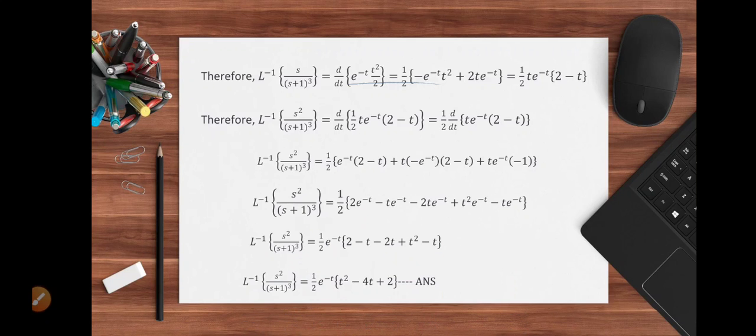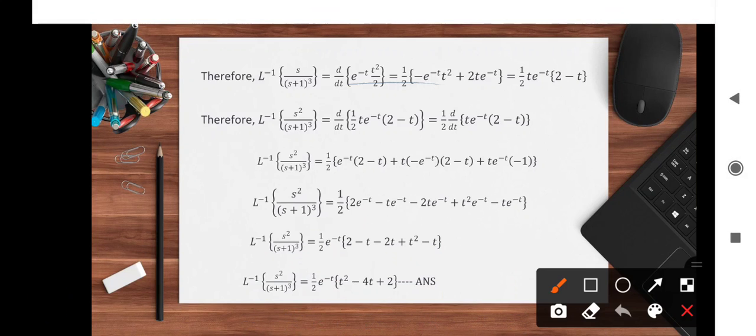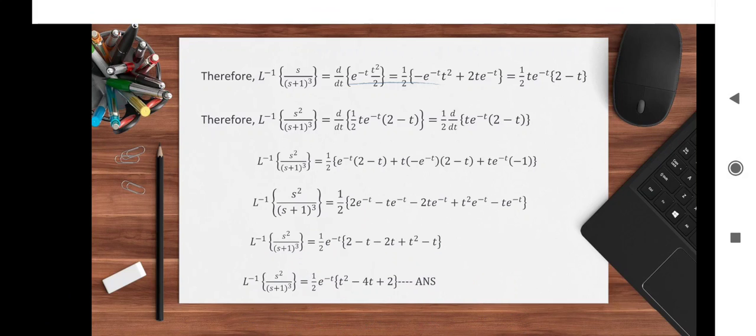If it would have been s cube upon (s plus 1) bracket cube, then in that case you have to take the derivative of this function again, so as to get the final answer.